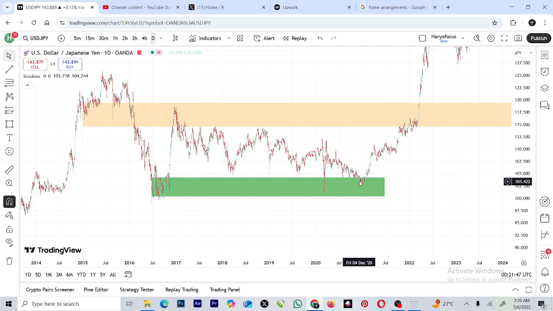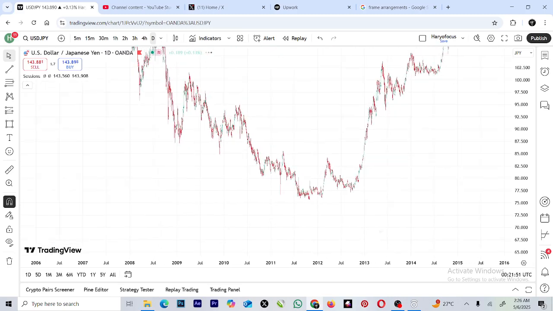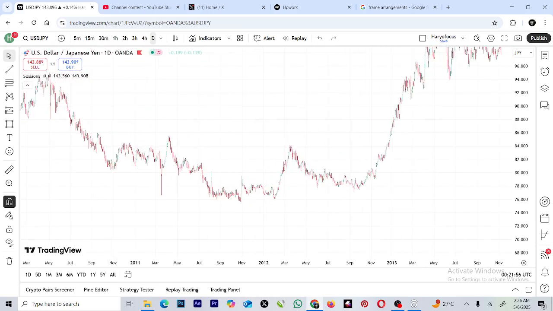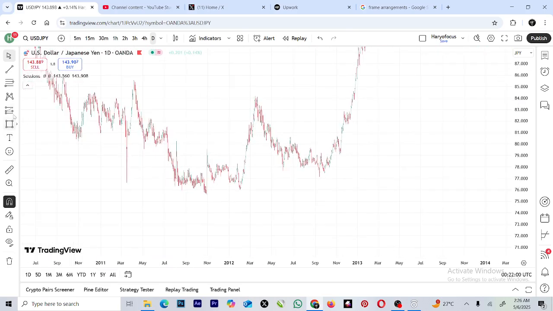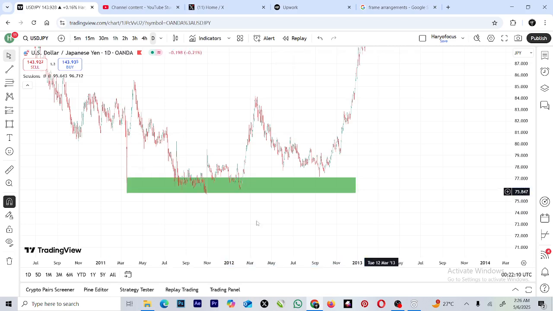So let me look for another support level. This is another support level. As you can see, this is another support level.